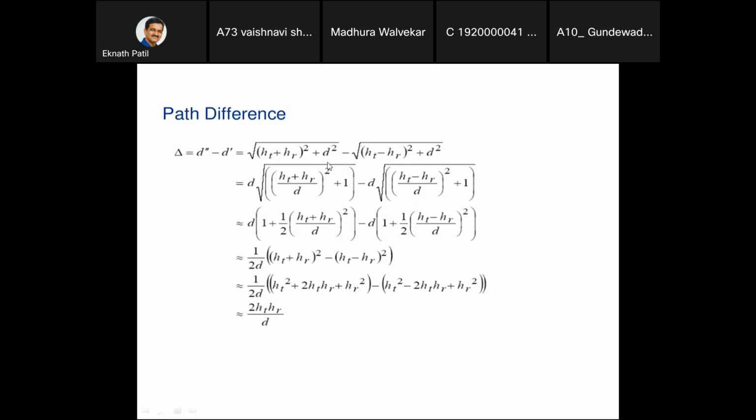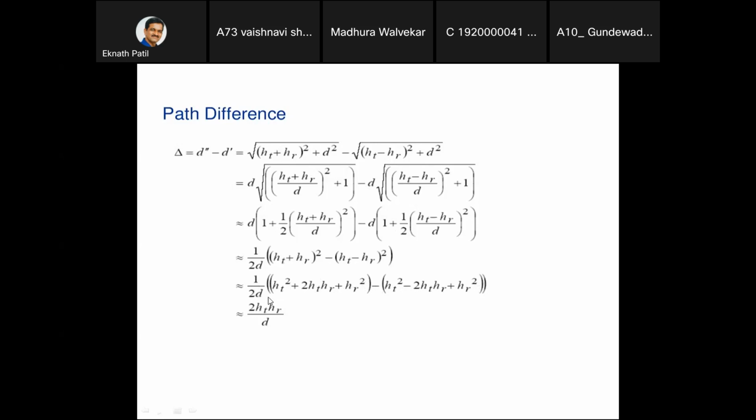After some manipulations, rearranging the equations, we have kept this D outside, and from this we are getting HT plus HR and HT minus HR. If we further expand this HT plus HR square and HT minus HR square, the HT squared and minus HT squared get cancelled, HR squared and minus HR squared get cancelled, and 2 HTHR and 2 HTHR add up to 4 HTHR.